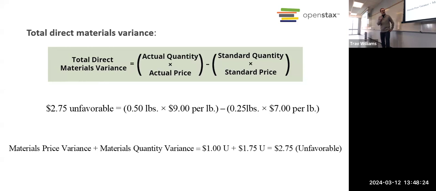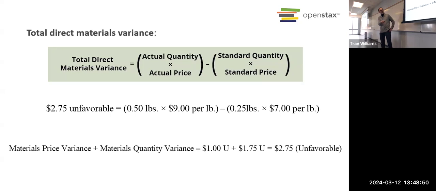I will tell you though, it gets a little tricky if one of them is favorable and one's unfavorable. Because then you're adding a positive and a negative number, and then you have to make sure you know, is the result positive or negative? Okay, but we'll come across that later. In this case, they're both unfavorable, so all you do is add them together.